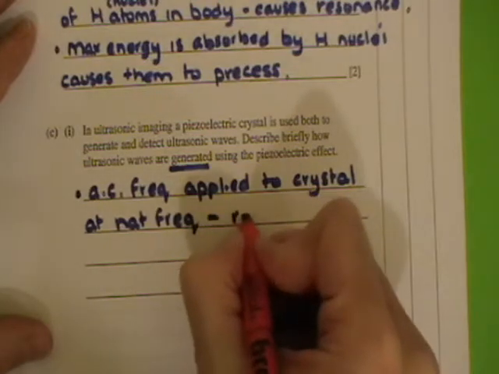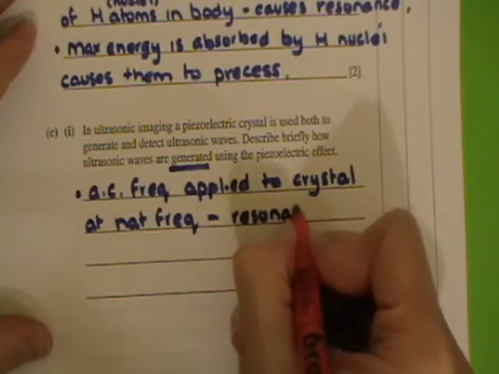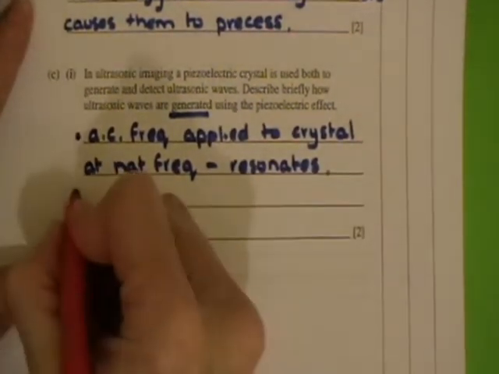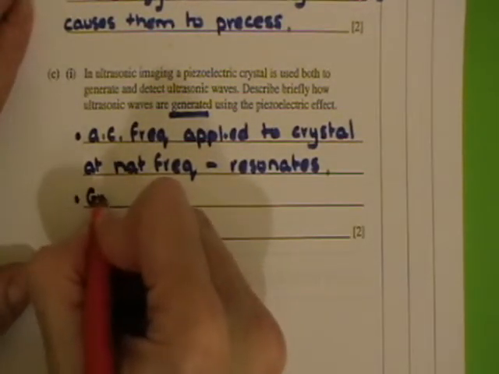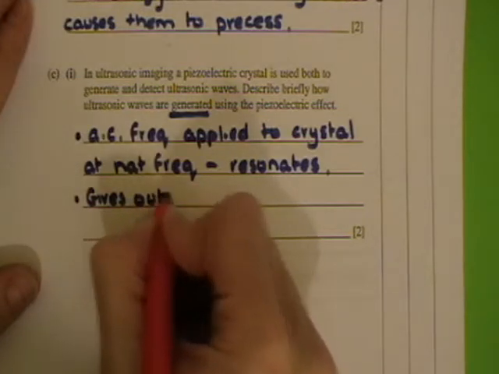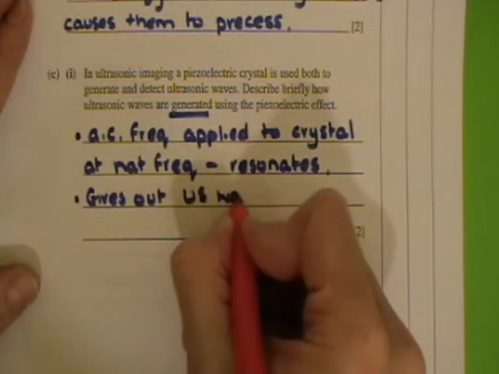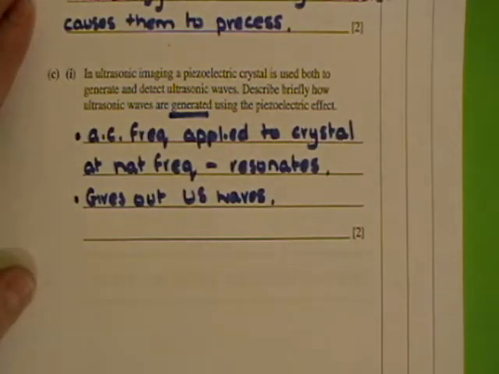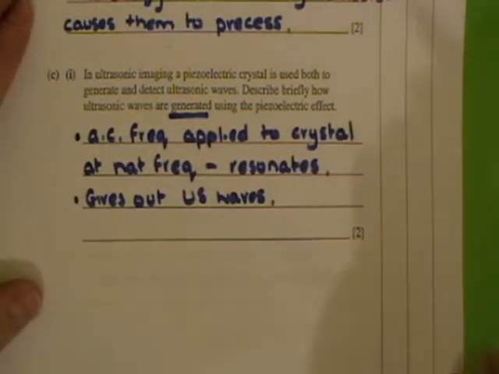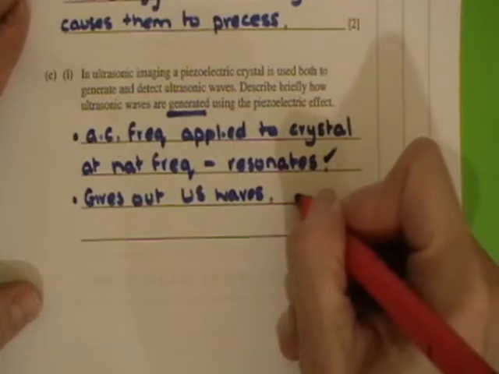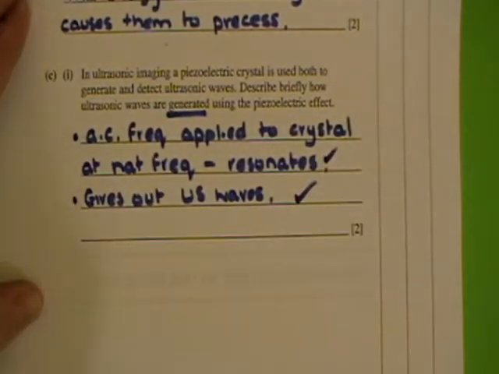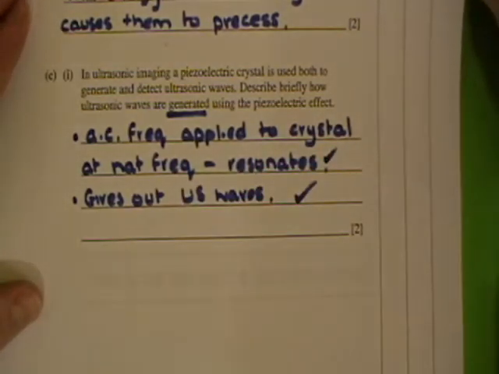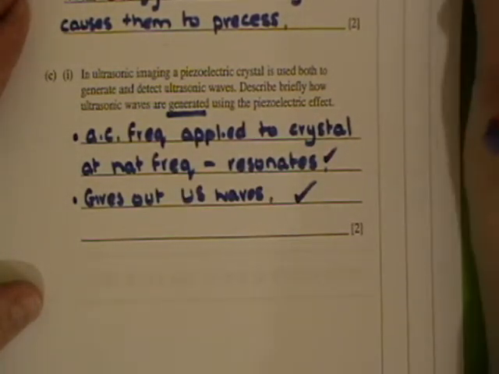And so it resonates, and when it resonates, it gives out ultrasonic waves. So the crystal changes shape and produces a sound or a vibration.